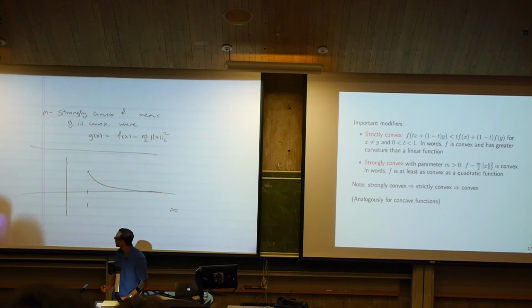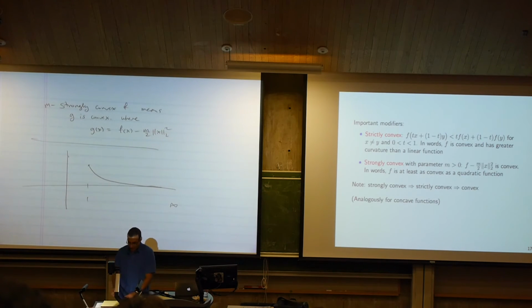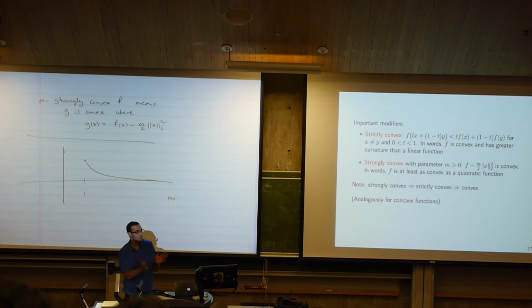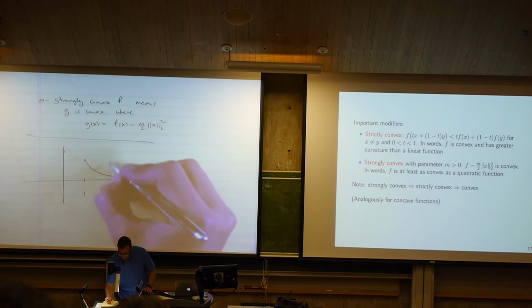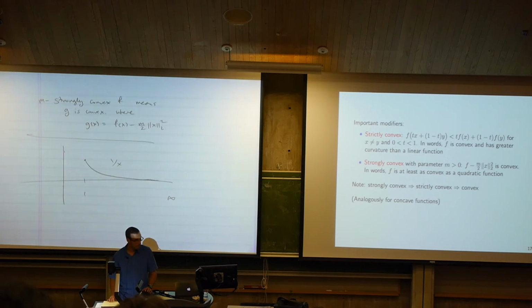Well, my drawing's not great, but you get the point, right? So I cannot find something like a quadratic under-approximator to that, but it is strictly convex. Good question. Other questions?